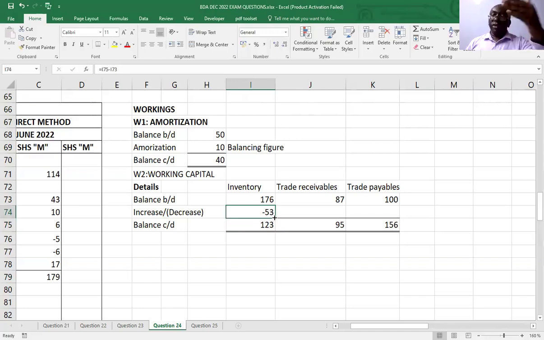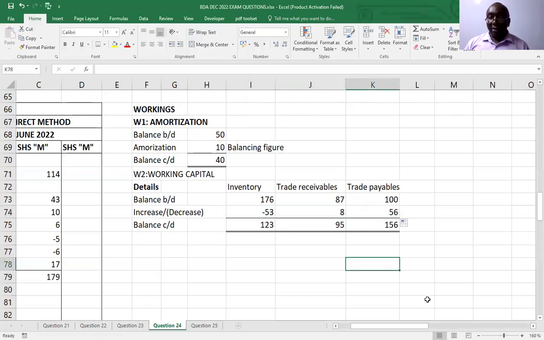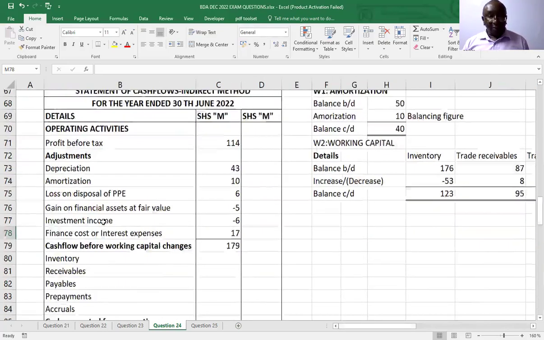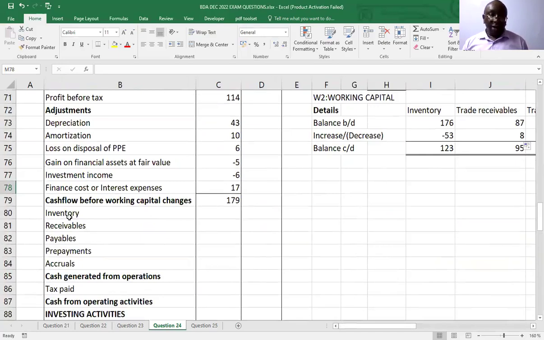You can as well do the opening minus closing. Then you drag. So I believe we are there. So if we are there, I will come here now. Now this one I can modify.